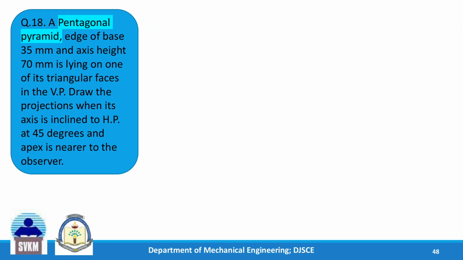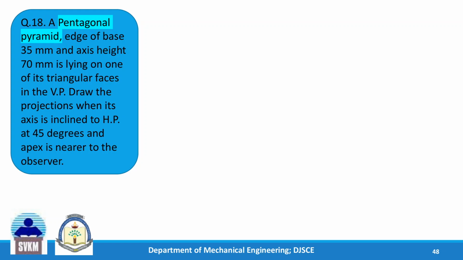Read this: pentagonal pyramid, edge of base 35 mm, axis height 70 mm, is lying on one of its triangular faces in the VP. See that it's lying on a triangular face in the VP. It is important. So for the first step, we have the data that we have to keep the axis perpendicular to VP, with the pentagonal pyramid resting on its base on VP.